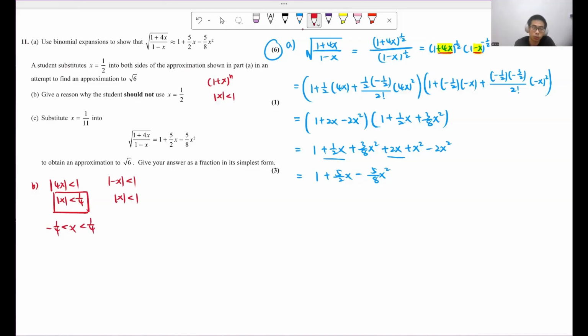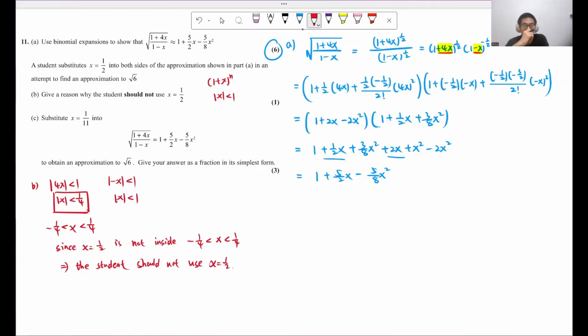So therefore we cannot use it. So we just say, since x equal to 1/2 is not inside the interval between negative 1/4 and 1/4, therefore the student should not use x equal to 1/2.